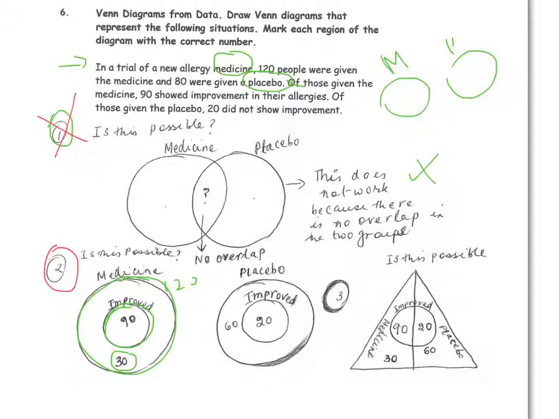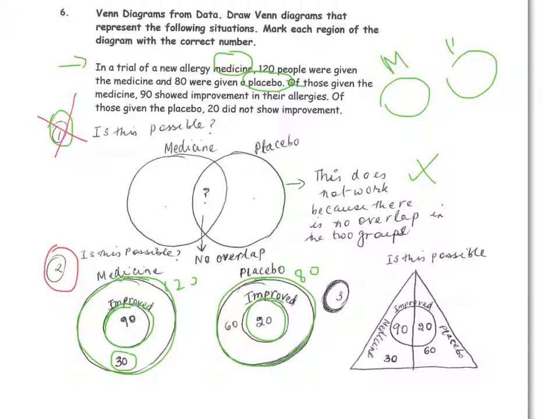Now let's look at the other side, which is the placebo. So the total number of people who took placebo was 80, right? Now, within that set of people who took placebo, 20 showed improvement.